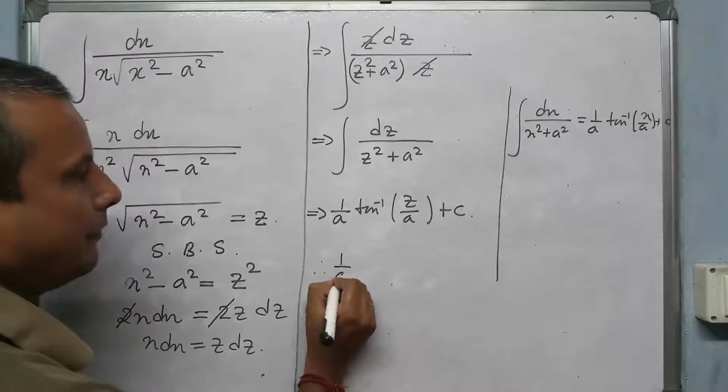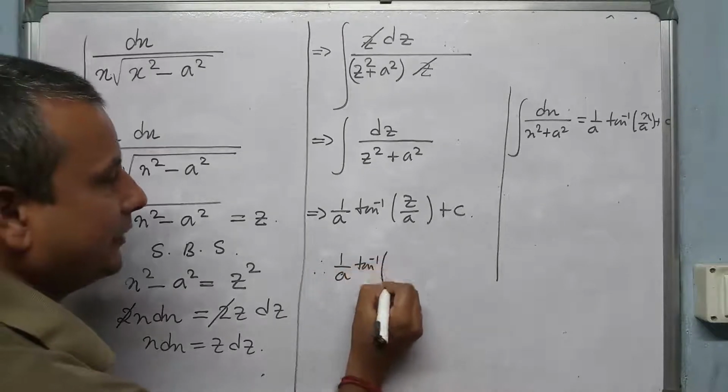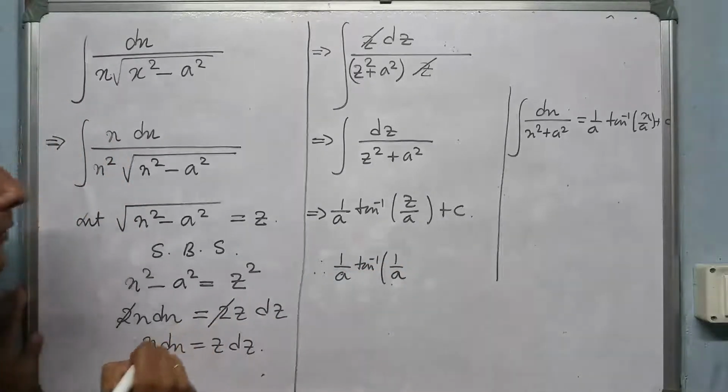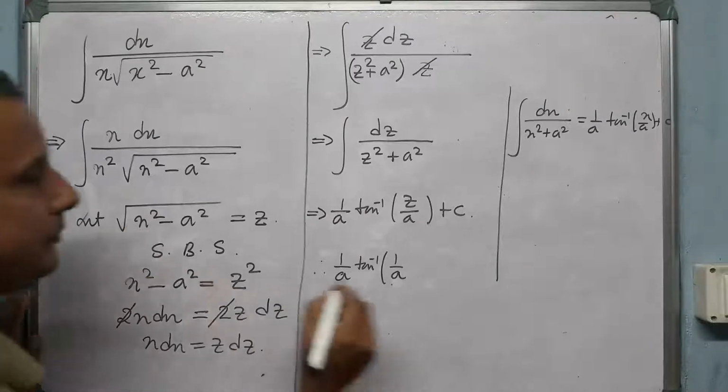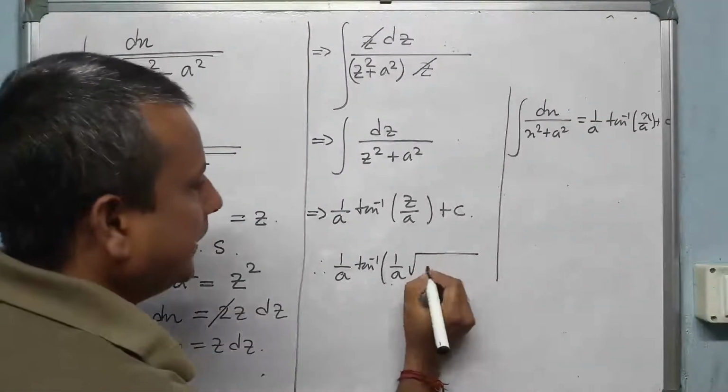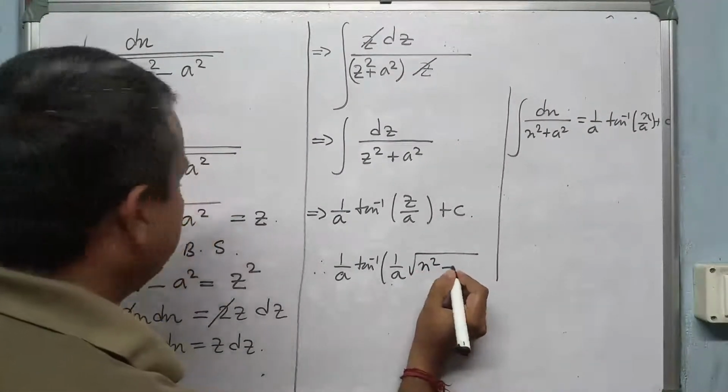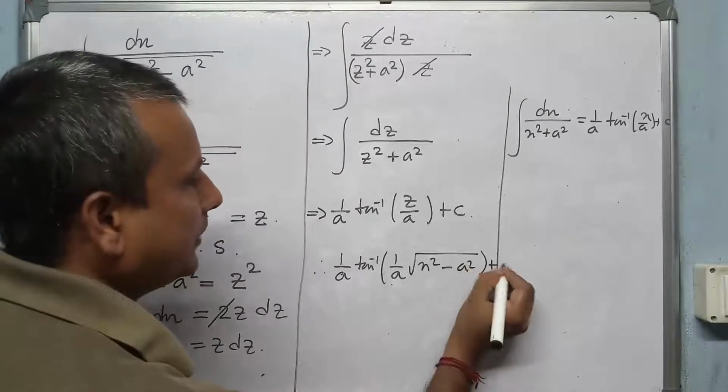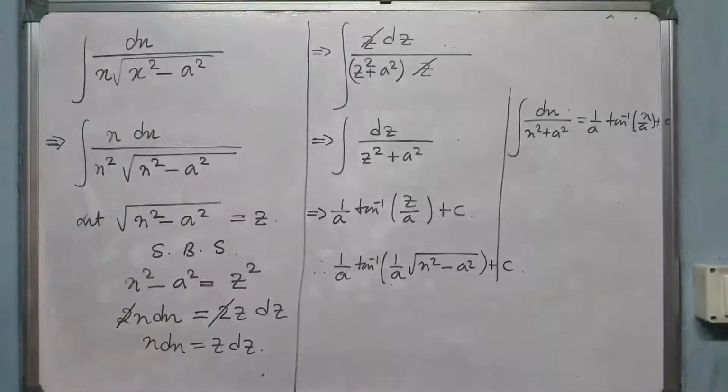Therefore, 1 by a tan inverse of 1 by a times the root of x square minus a square, plus c. So the answer is totally different, but both methods are valid. Integration you can solve by so many different methods. You'll get a different answer, but full marks are awarded for the equivalent answer.